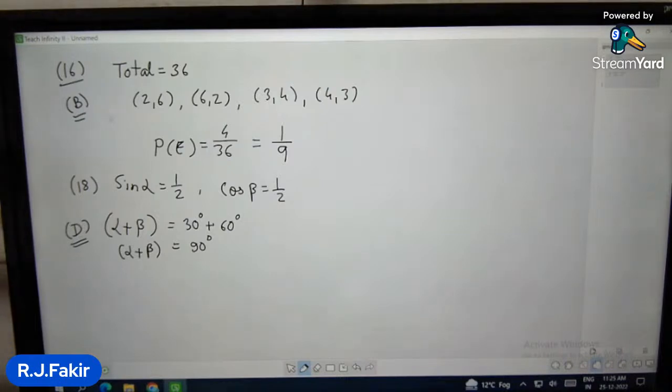Here you have to understand both the statements, find their meanings properly, correlate them, and choose options A, B, C, D. If you find that both are correct and they are the correct explanation of each other, then option A. Both are correct but not the explanation, then option B. C option will be A is true, R is false, and D option will be A is false and R is true.